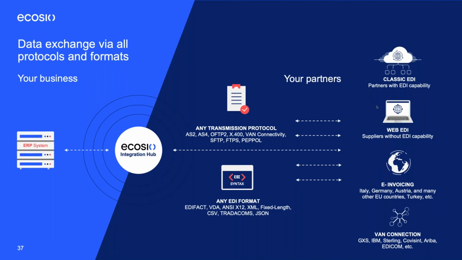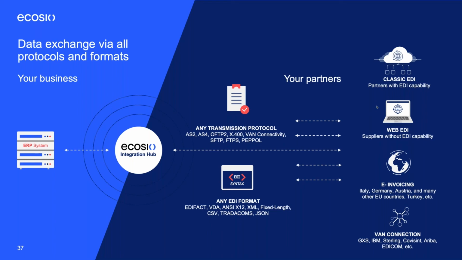And the integration hub then typically abstracts from the complexity on the right-hand side. And the complexity lies in the fact that there are various different transmission protocols, that there are various different EDI formats, and then there are different partners where you have to send the information to or get information from.